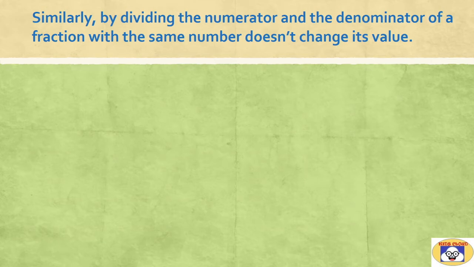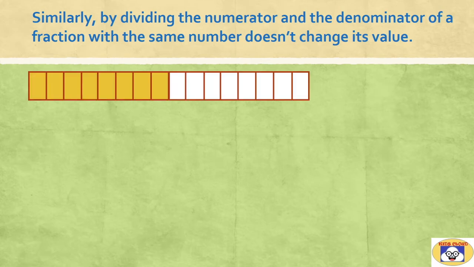Similarly, dividing the numerator and the denominator of a fraction with the same number doesn't change its value. We can explain this with a similar pictorial representation. The fraction of the yellow colored area in this rectangle is 8 by 16.